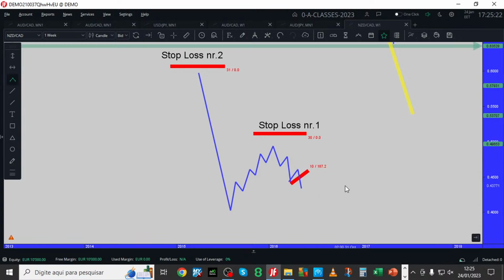Which one is the correct stop loss? Stop loss number 1 or stop loss number 2? Same question, everybody. Type in the chat.